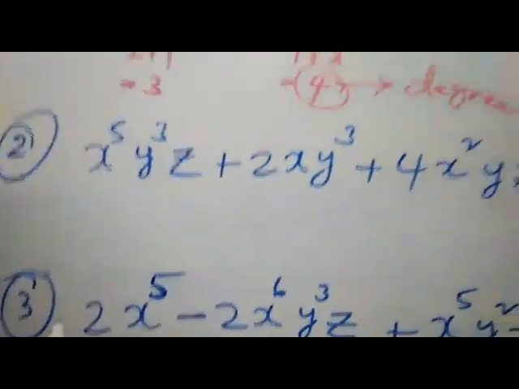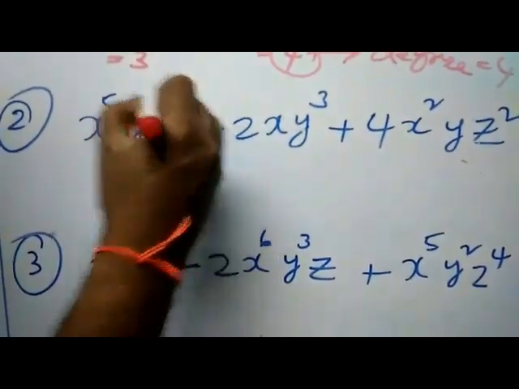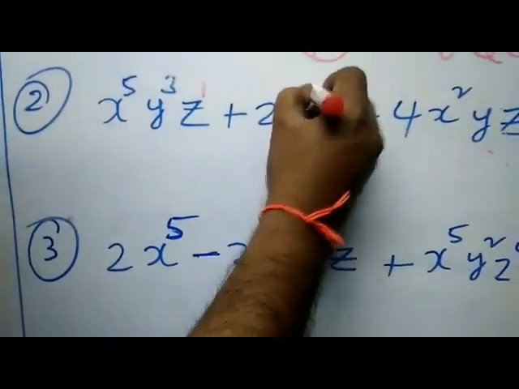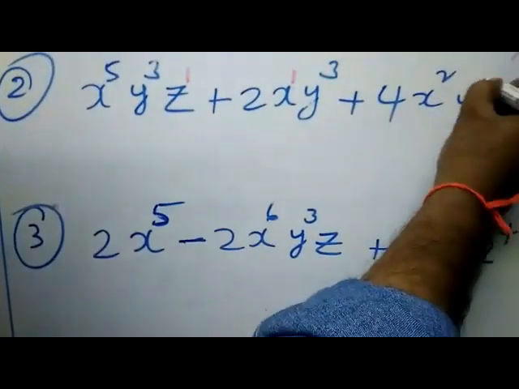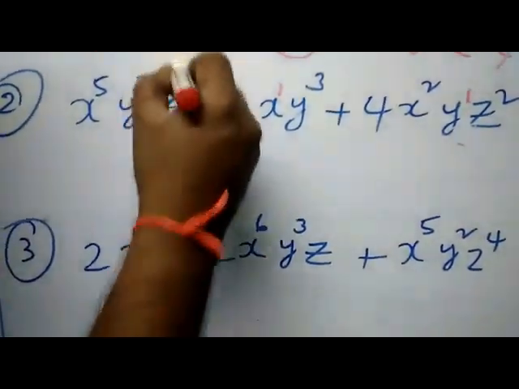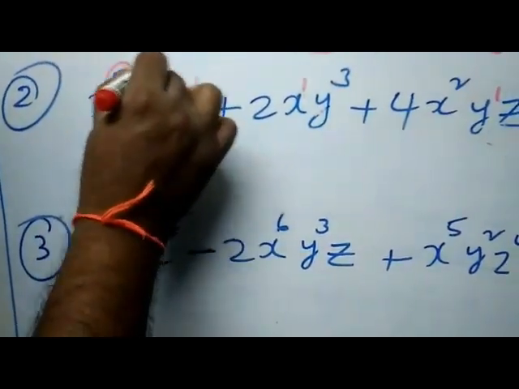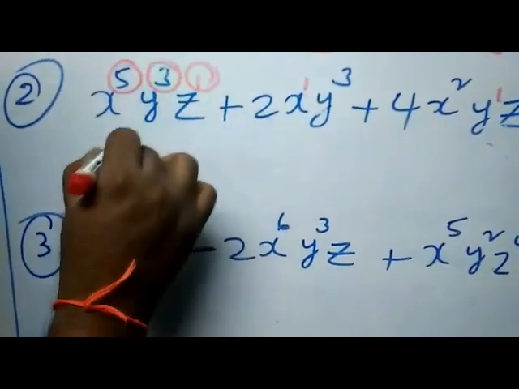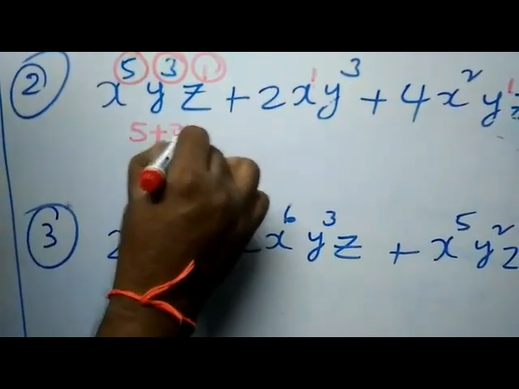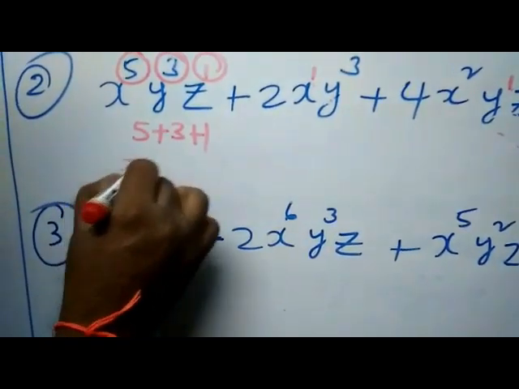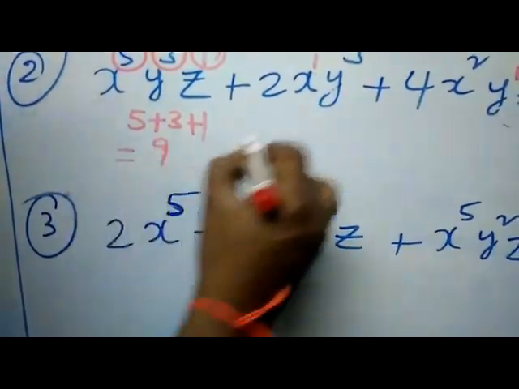Come to the next question. What is the power of this variable z? What is the power of this x? What is the power of this y? Let us check the degree. So the power of x is 5 plus 3 plus 1. 5 plus 3, 8. 8 plus 1, 9.